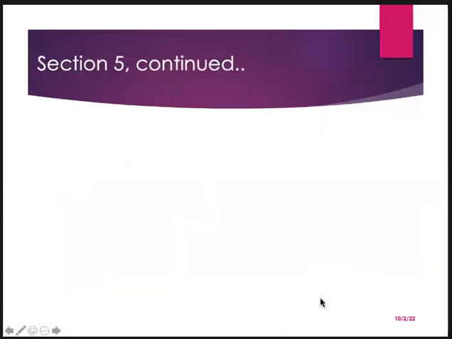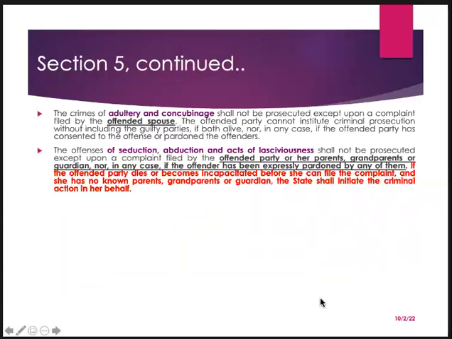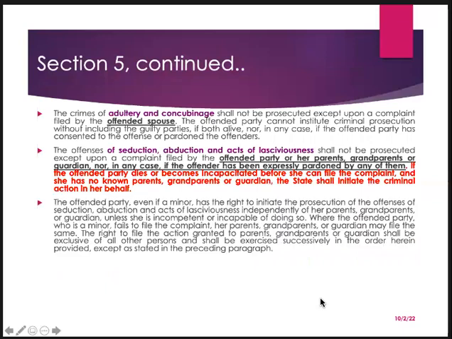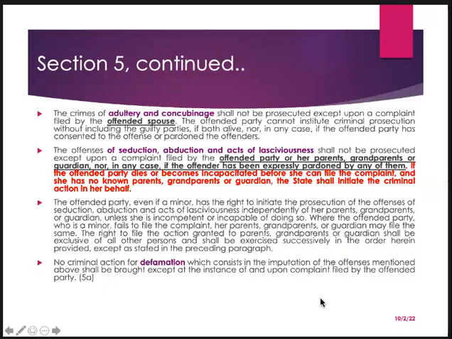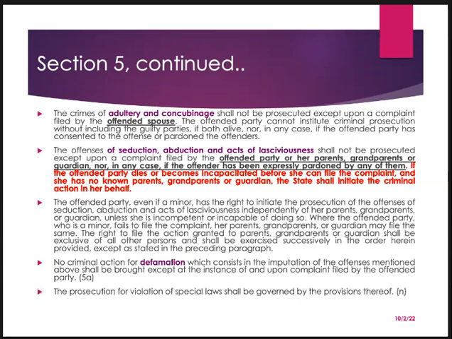Now let's continue our discussion with Section 5 of Rule 110. The second paragraph of Section 5, Rule 110 provides that the crimes of adultery and concubinage shall not be prosecuted except upon a complaint filed by the offended spouse.